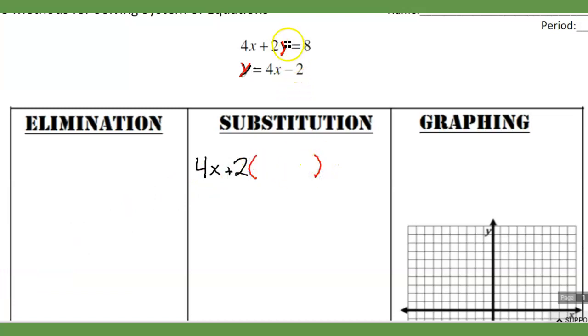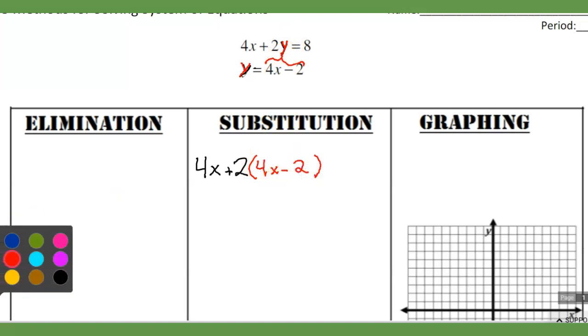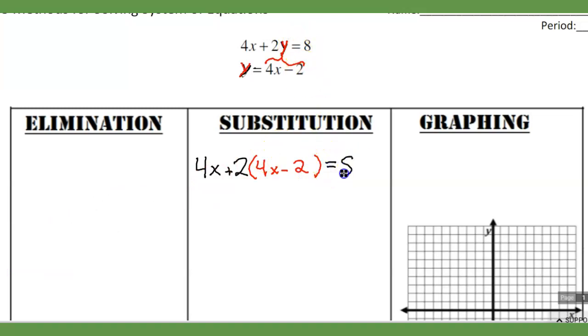Now, this y is the same as this y here, and this y is 4x minus 2. So we can actually just substitute 4x minus 2 in for y. Okay? And then it equals 8. And we have a single equation with only one variable.